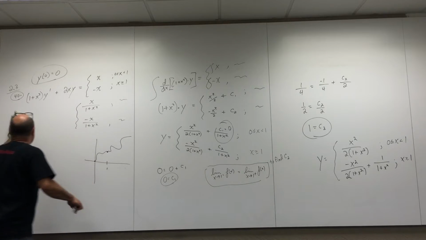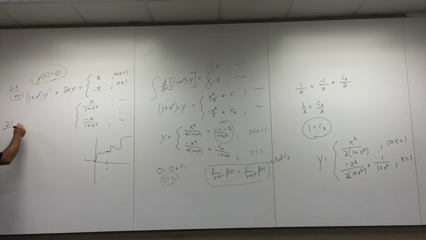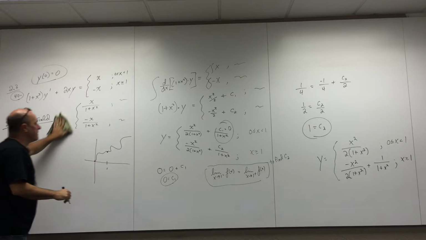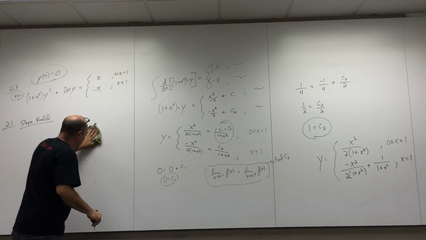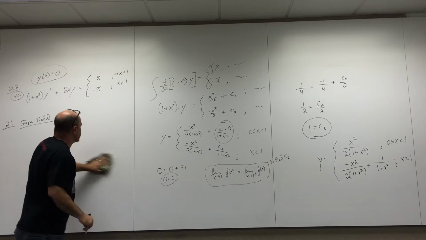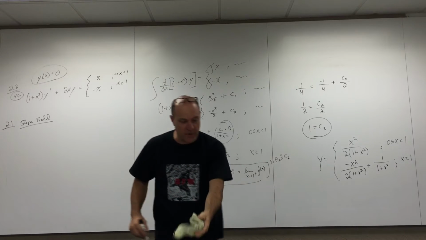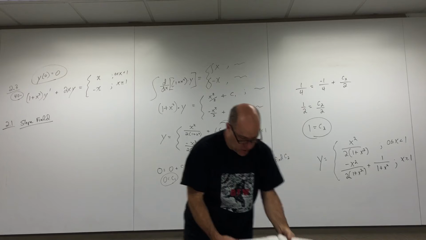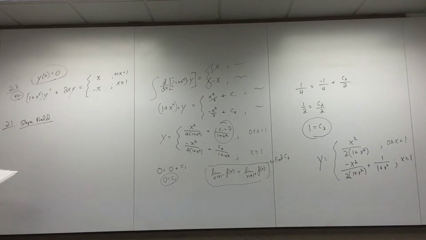So in 2.1, we learned about a slope field. I didn't do too many of these with you because I said you could look at them out of the book. So I'm going to grab one out of the book here. I'm looking at number 3. At number 3 in the book, there's a slope field. Now look, I'm going to do my best to replicate this slope field.